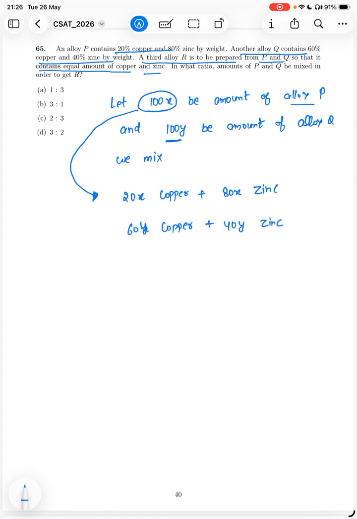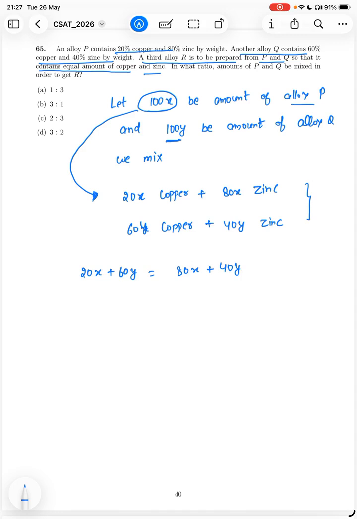What the question is asking is that we need to add some amount of these two so that the amount of copper and the amount of zinc become the same. That is 20x plus 60y, this is the amount of copper, and 80x plus 40y, this is the amount of zinc we will get.